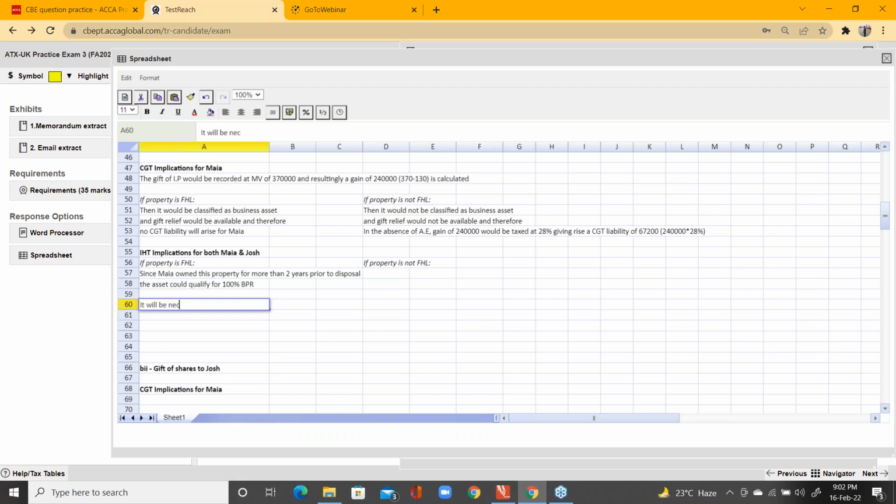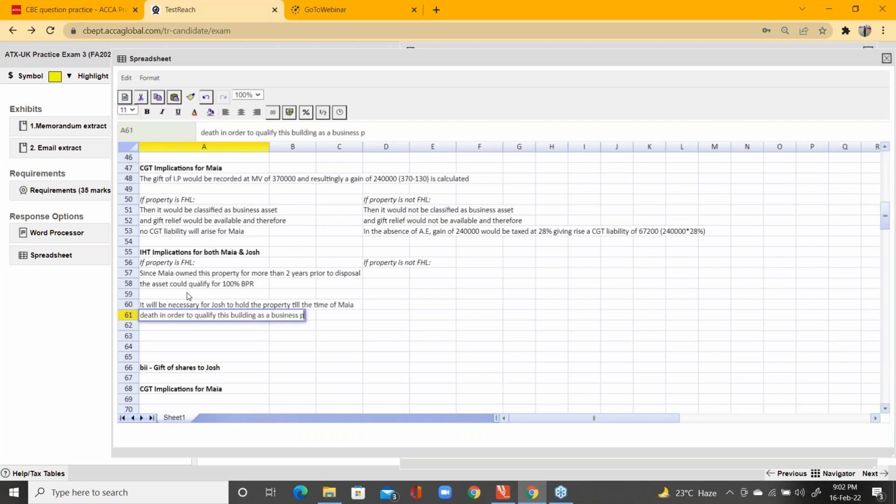It will be necessary for Josh to hold the property till the time of Maya's death. Why? In order to qualify this building as a business property.